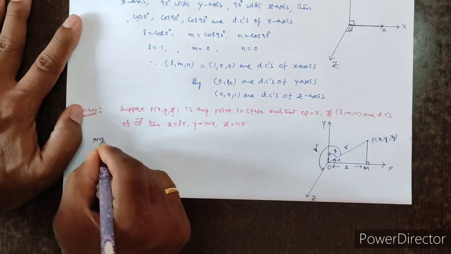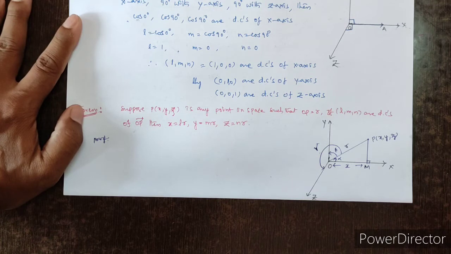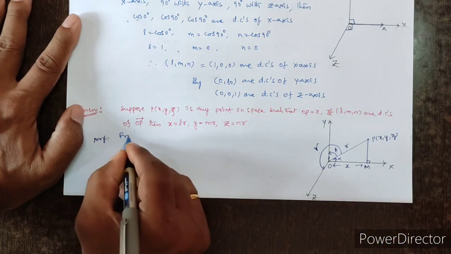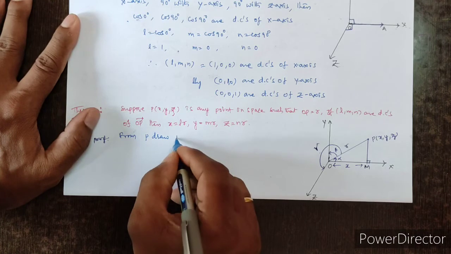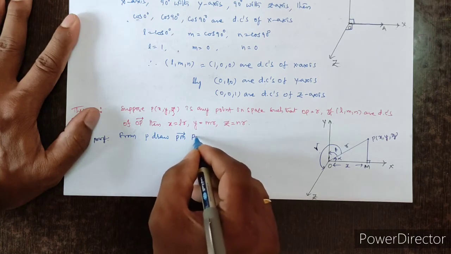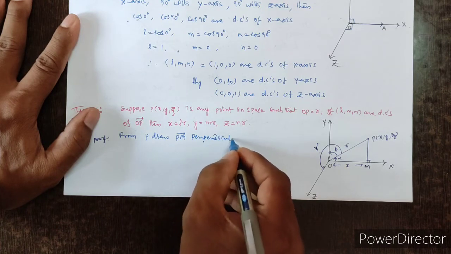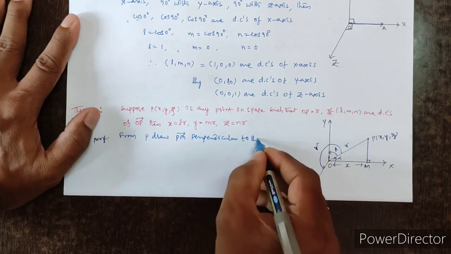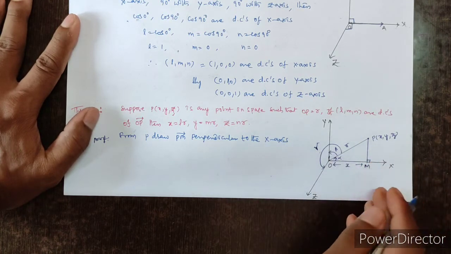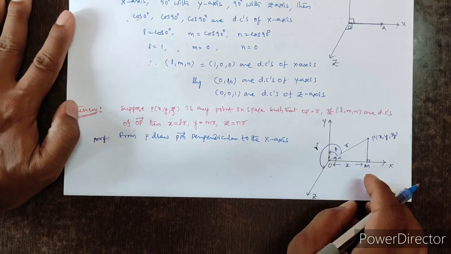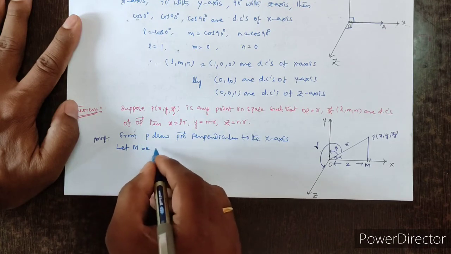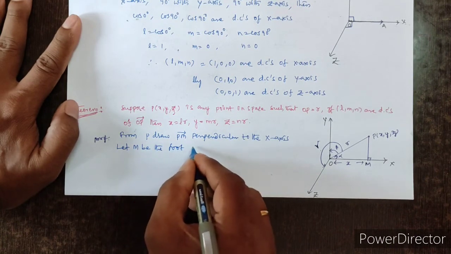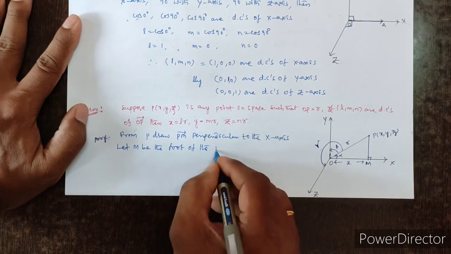Proof. From P, I draw PM perpendicular to the x-axis. Let M be the foot of the perpendicular.